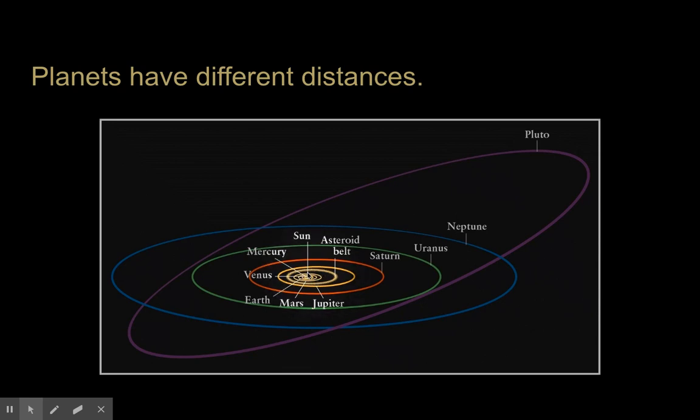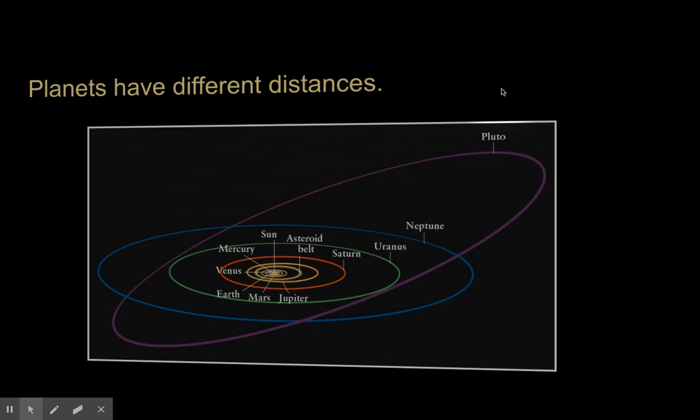Then you see Saturn way out here in the orange, Uranus even further, Neptune way out there. And our friend Pluto, you can see its odd orbit taking it way out to the edges. Well, not really the edges of the solar system. It extends much further than that, but Pluto is out there, okay?